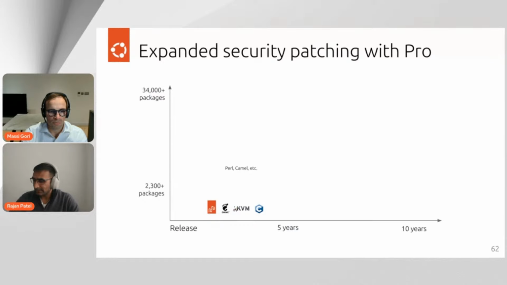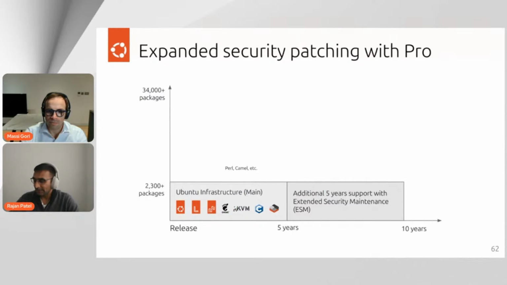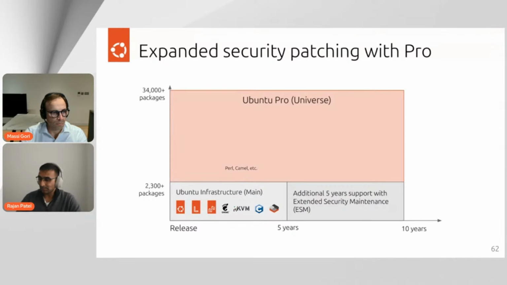We've got some examples on this diagram that show you the open source packages for Ubuntu itself in this Ubuntu infrastructure square. And with it, you historically get 5 years of security patching and support. And then with Ubuntu Pro, you get an additional 5 years, bringing you to a total of 10. And when you're adding Ubuntu Pro with Universe, then you get 34,000 packages that get covered in the same way.